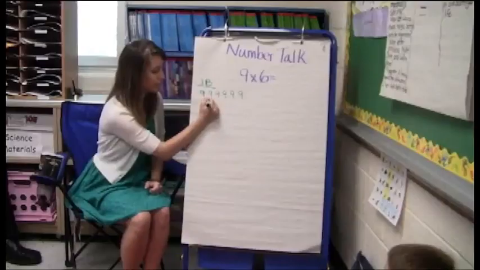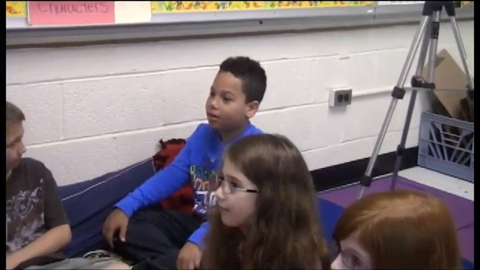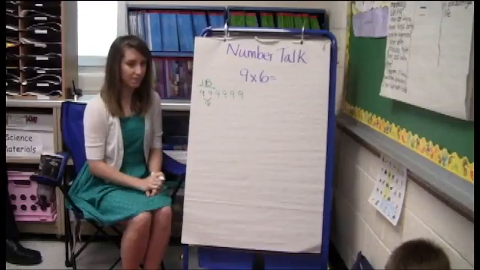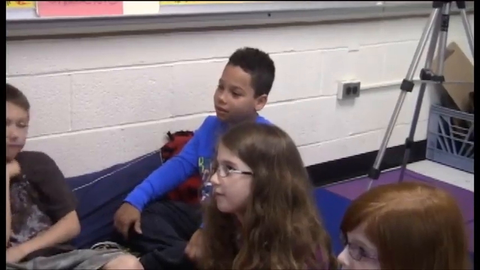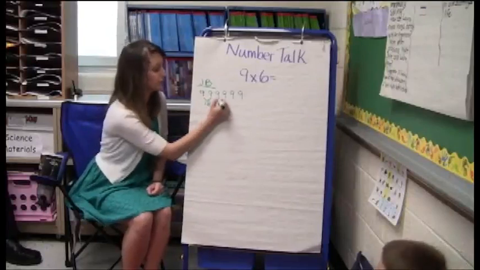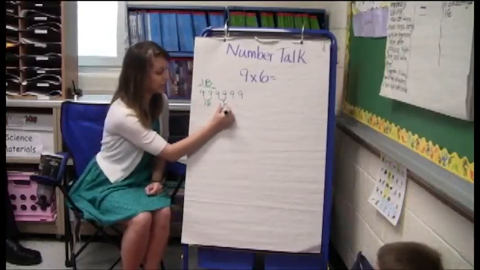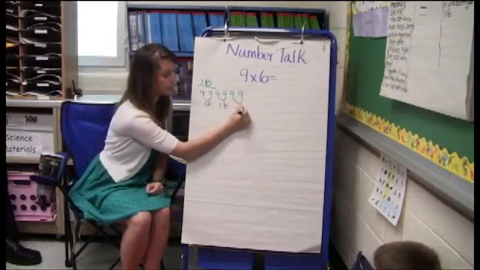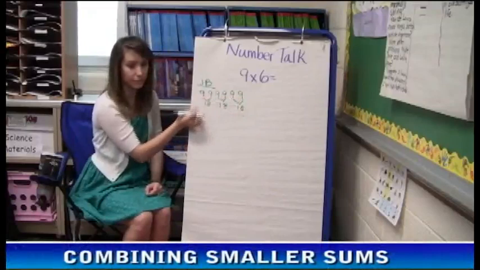Okay, what operation are you doing? Adding. Okay. And the other 9 equals 18. This 9 equals 18? The other 2 9s equals 18. Okay. And then the other 2 9s equal 18. So you were combining these numbers together?